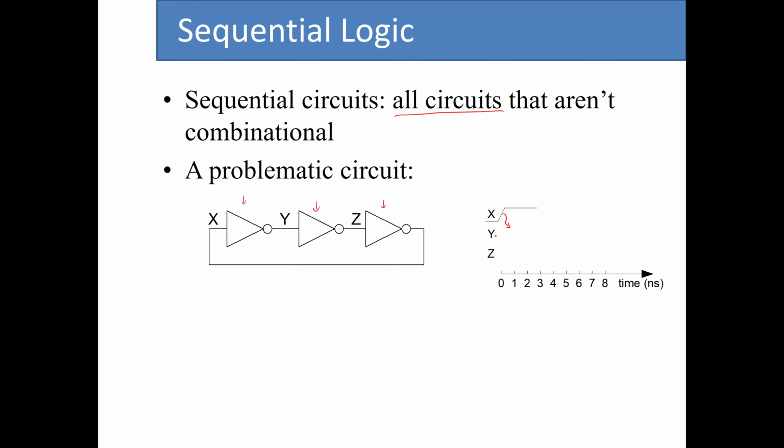So the value for Y changes from 1 to 0. That makes its output, which is Z, change from 0 to 1 after a few nanoseconds too.